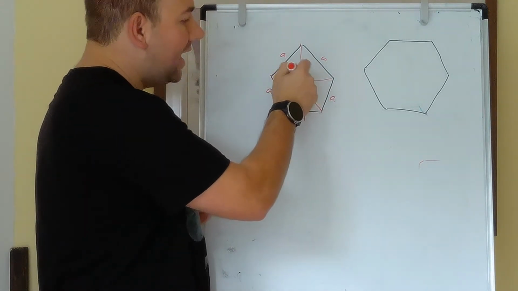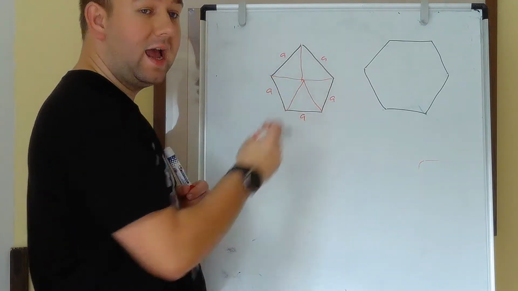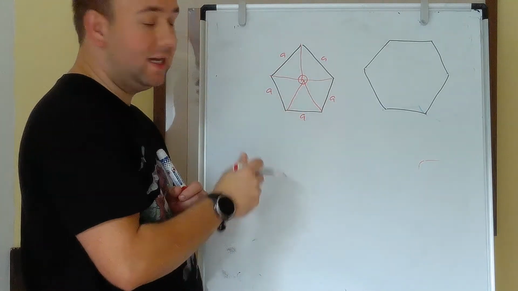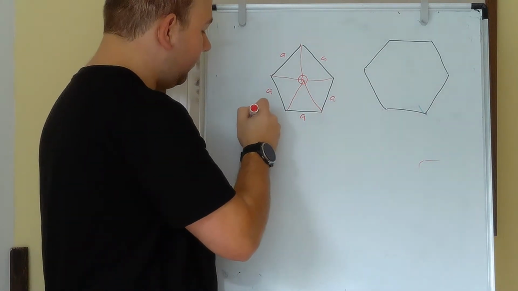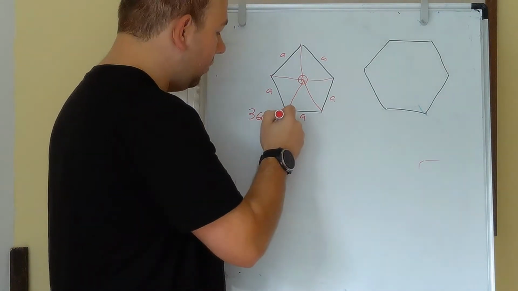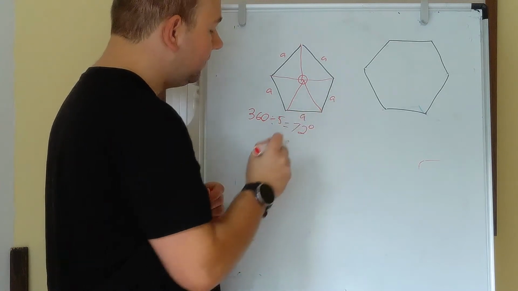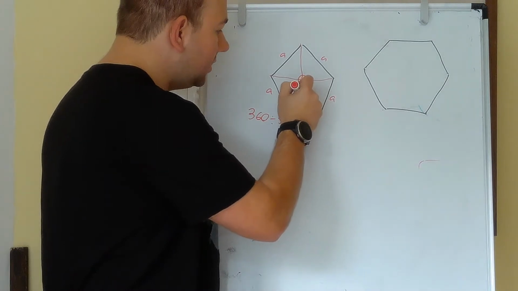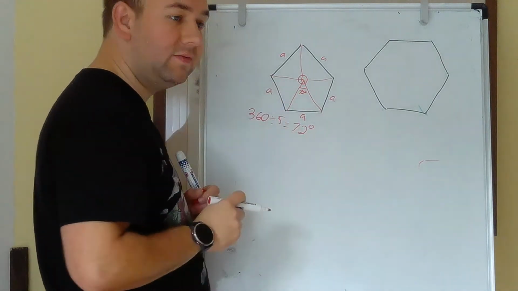And this point in the pentagon has basically a circle going around it, so that has 360 degrees. Which means if we start off with that 360 degrees and we divide it by the number of triangles, which is 5, we end up with 72 degrees. And therefore this is the angle here. So the top angle of these triangles is 72 degrees.